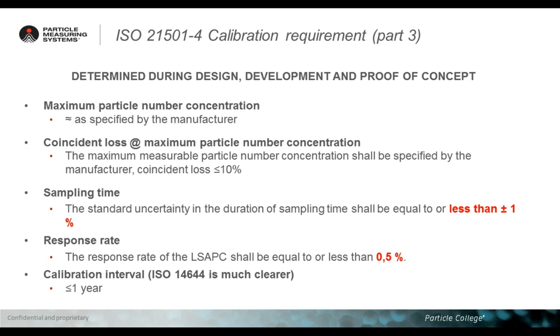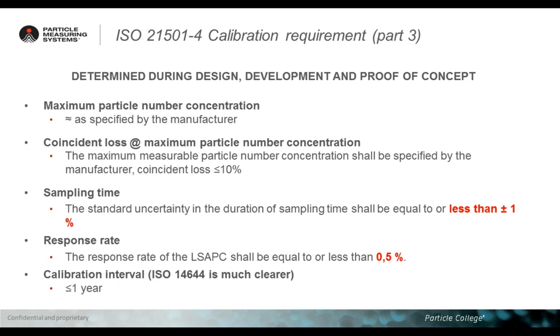And the response rate. The response rate is essentially the ability of an instrument to quickly jump from a very clean situation to a dirty situation. So how much your instrument is capable to switch from a clean air to a very dirty air sampling.